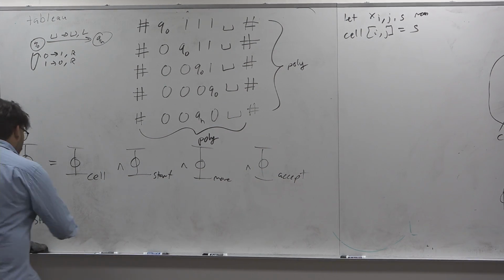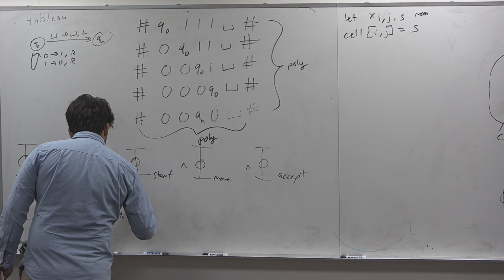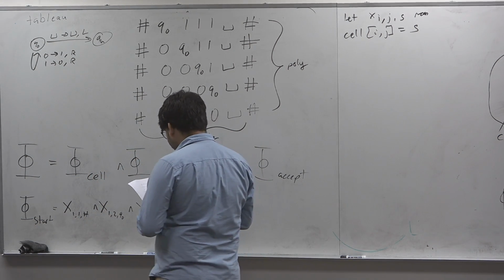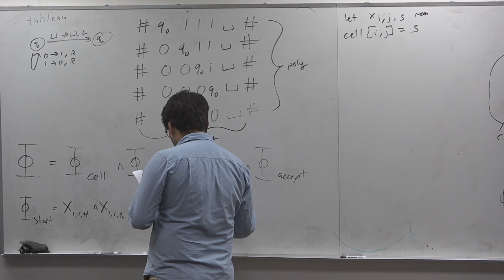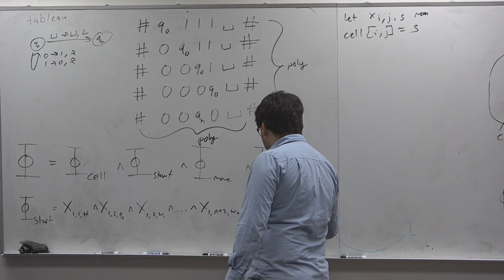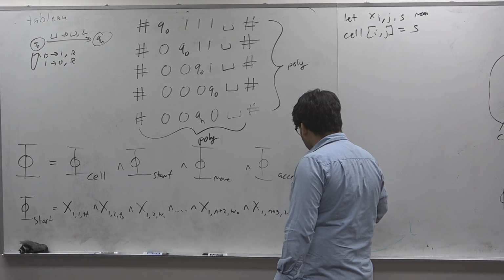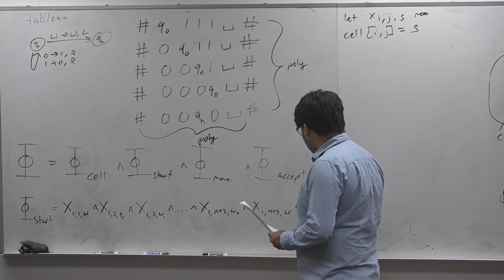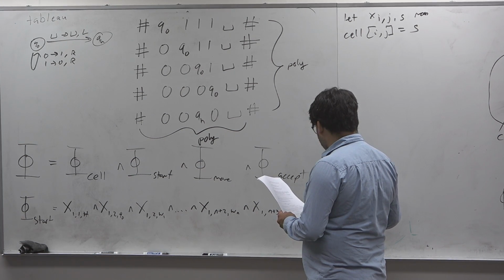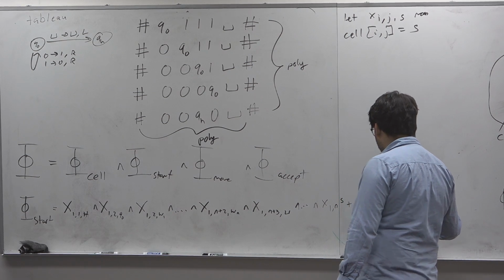So what we do is we'll say, let this be x_{1,1,#} and x_{1,2,q0} and x_{1,3,w1} and dot, dot, dot, and x_{1,n+2,wn} and x_{1,n+3,blank} and some more blanks, and x_{1,n^s+1,blank} and x_{1,n^s+2,#}.